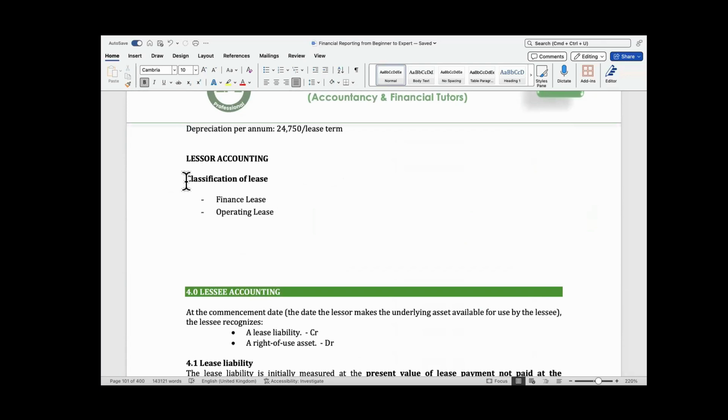That is the major issue. So for him to know what to do, he needs to identify what class of lease he has entered into. Is it a finance lease? Is it an operating lease?